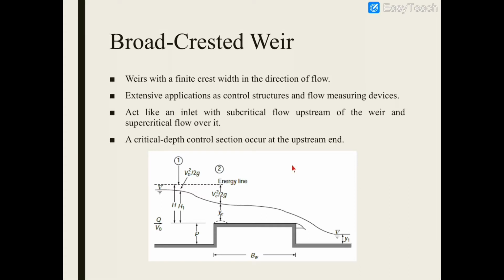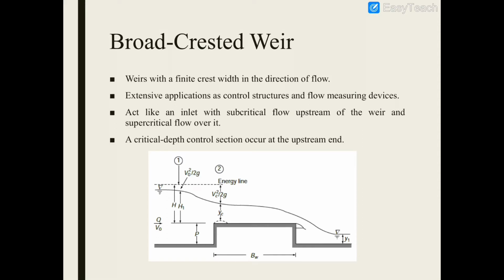This figure shows a free flow over a horizontal broad crested weir in a rectangular channel. This weir has a sharp upstream corner which causes the flow to separate and then reattach, enclosing a separation bubble.